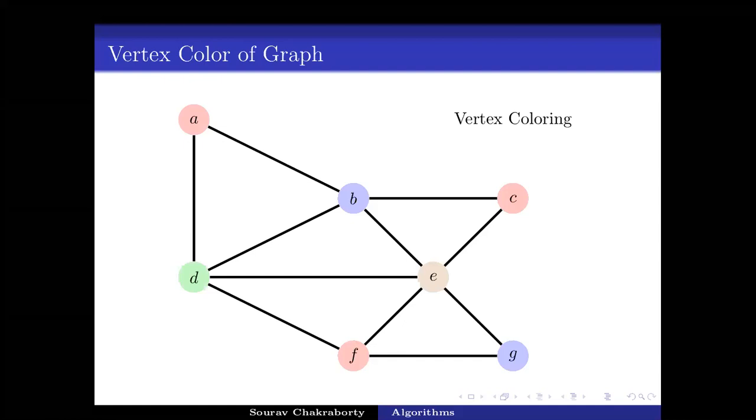So basically the point I want to emphasize is that problems that have no resemblance to graphs can be modeled using graphs pretty well.